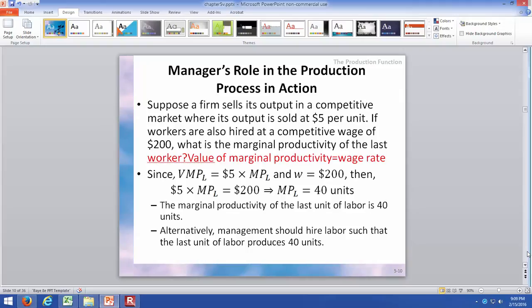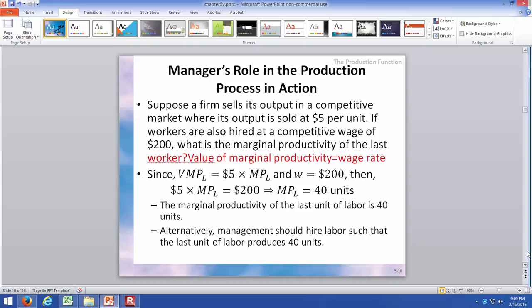So in this case, the value of the marginal product of labor is given by $5, the output price, times the marginal product of labor, and here the wage is 200. So 5 times the marginal product of labor is equal to 200, and the marginal product of labor is going to be 40 units.